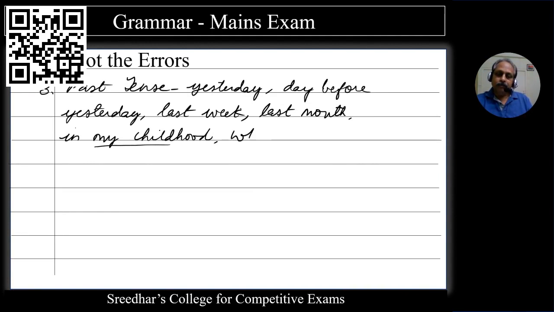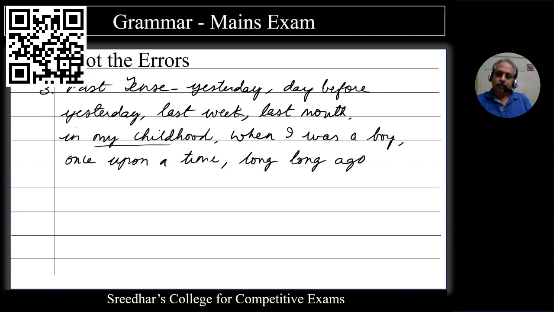When I was a boy. This is a clause. When I was a boy, I did something. You have to use past tense. And one more here. If you read stories, you come across these time phrases. Once upon a time. Once upon a time there was a king. Long, long ago. Yesterday, last week, last month, the day before yesterday, and today, imagine today is Tuesday.